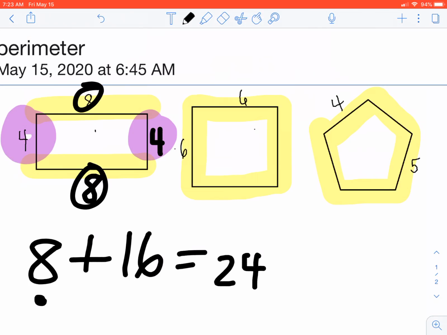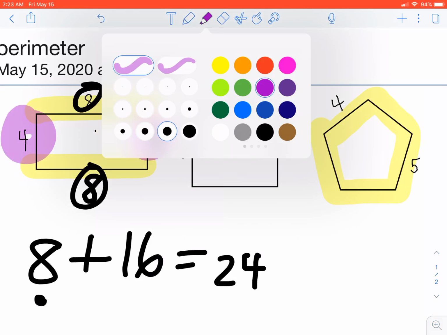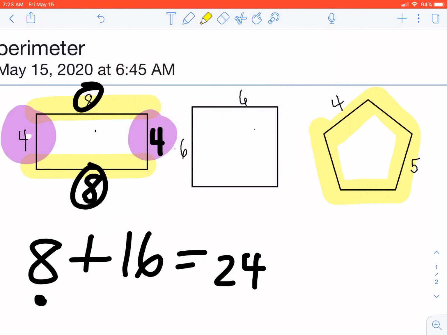Okay, so now you guys can look at the next shape. And in the next shape, you can see that it's actually a square. And so in that way, we know all 4 sides are going to be equal, right? So a square makes it very easy to find the perimeter. You just have to realize if it's a square first.